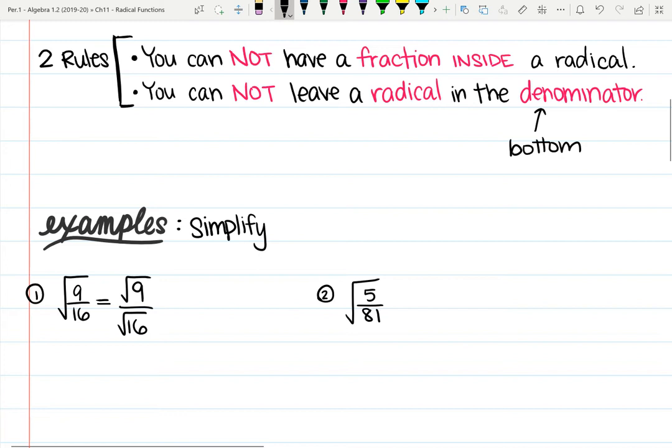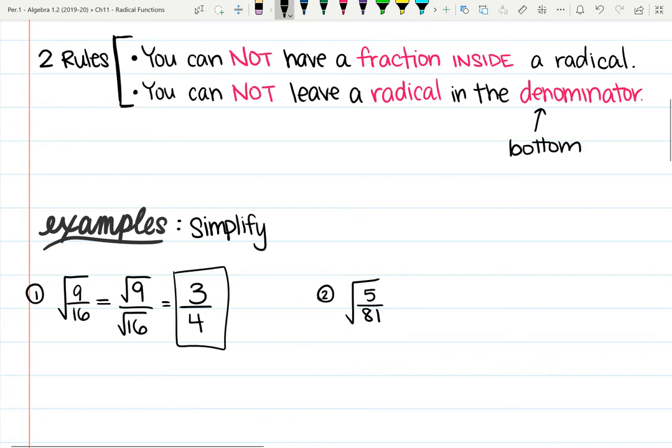And now I can look to simplify each one. In fact, the square root of 9, we know what that is. That's just 3. And the square root of 16, we know what that is as well. That's just 4. And there we go. No more radicals because both of these numbers, 9 and 16, were perfect squares. So there it is, 3/4.